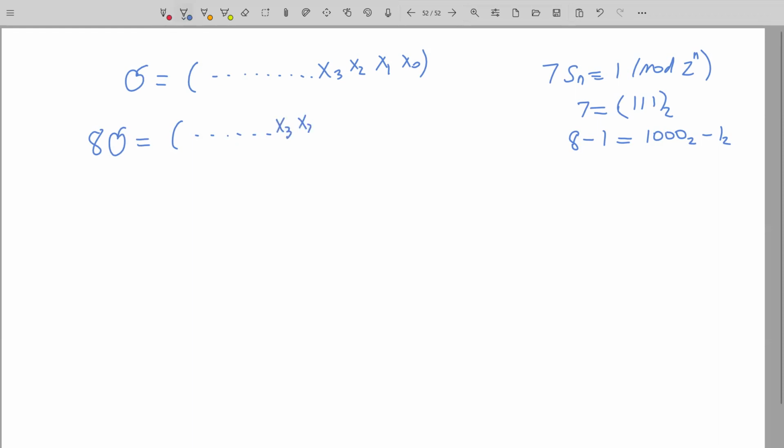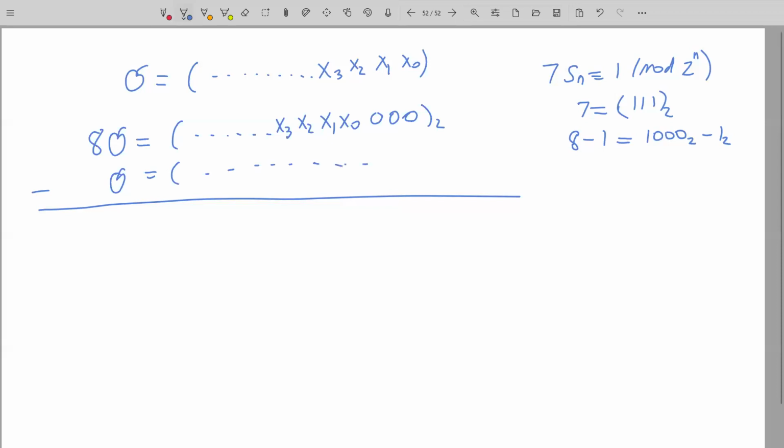It's going to be ... x3, x2, x1, x0, and then we have 0, 0, 0 in binary. Then we subtract 1 apple from this, so ... x2, x1, x0, with x3 here, x4 here, etc. Then the difference is 7 apples, and the last n digits of this should give us Sn, and that should be 1 modulo 2 to the n.